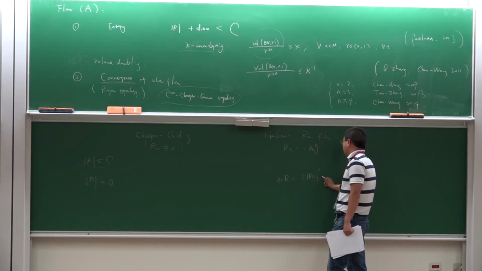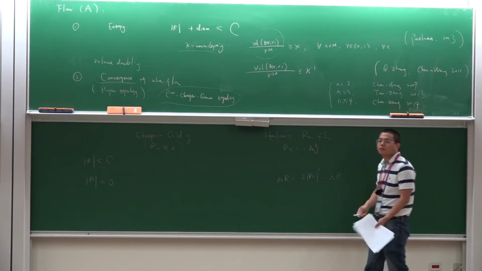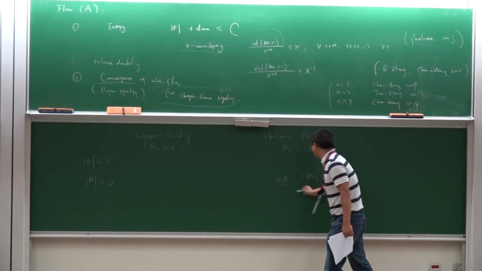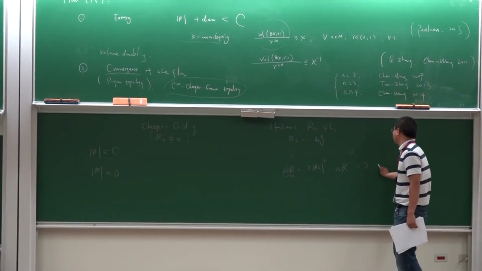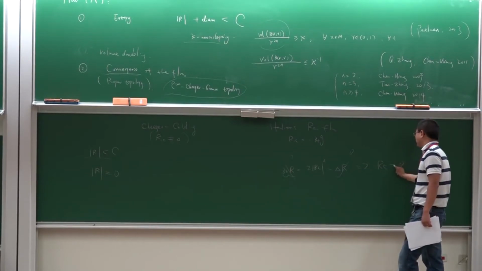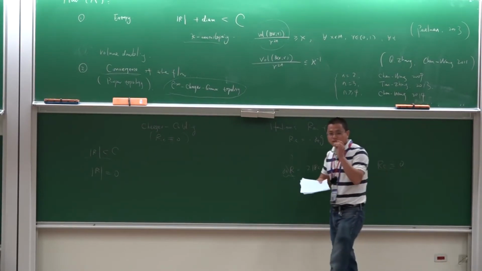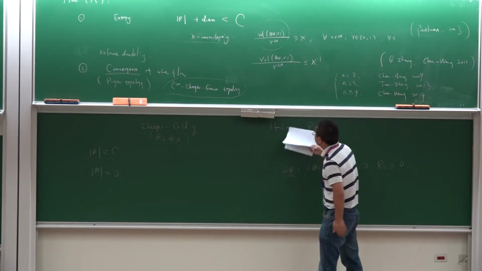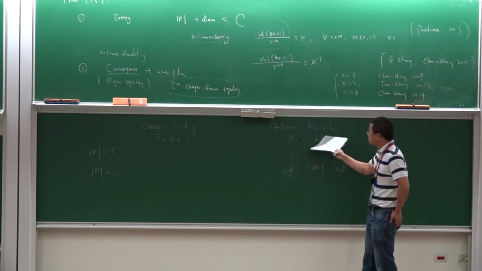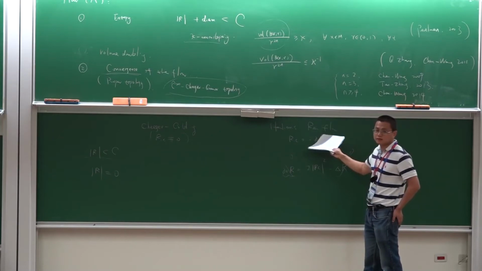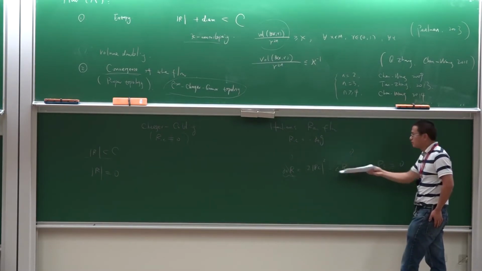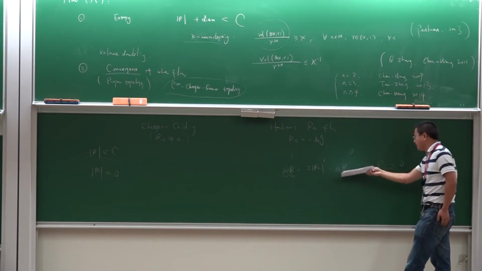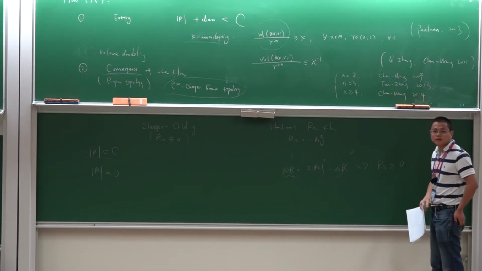So if it's 0, then this is 0, then this is 0. So you will obtain this is 0. That means at the infinitesimal level, actually the local structure of the Ricci flow with bounded scalar curvature must be the same as the Ricci flat space, because scalar equals 0 implies Ricci equals 0.